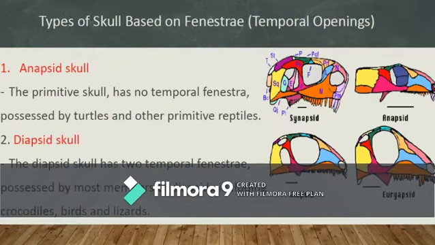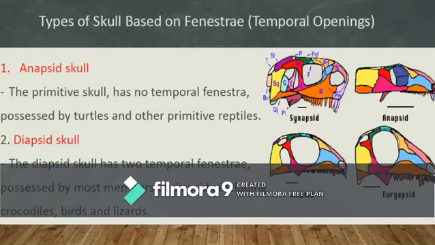Okay. So we have different types of skull. Each class was also classified, and this could be used to classify the vertebrate groups based on the type of skull. So first type. Types of skull based on fenestrae, or temporal openings.